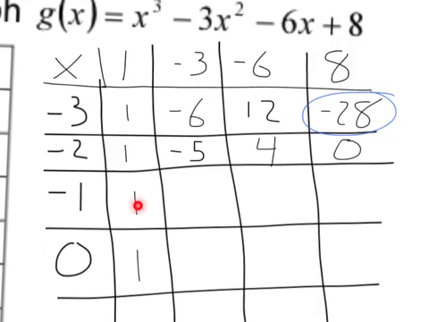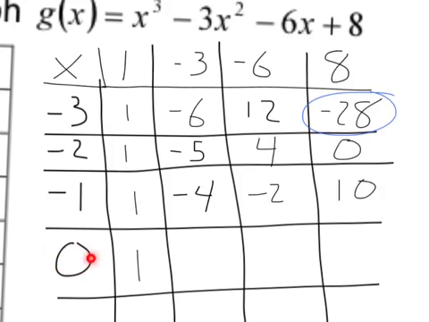-1 times 1 is -1. Add it to -3, you get -4. -1 times -4 is +4. Add it to -6, you get -2. -1 times -2 is +2. Add it to 8, you get 10. Okay, one more.